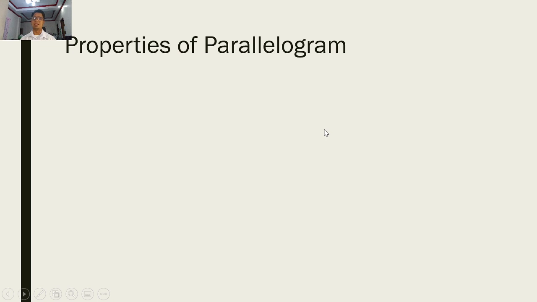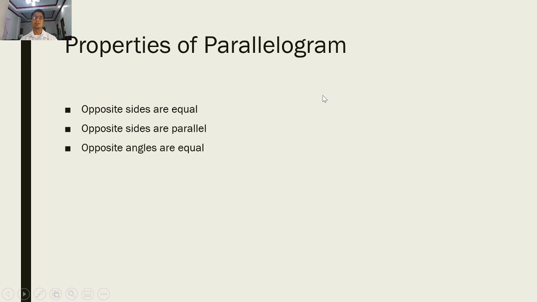We have here now basically 6. Number 1, opposite sides are equal. Number 2, opposite sides are parallel. Now, pakitandaan lang po natin, pag sinabi nating opposite sa math, ibig sabihin magkatapat. Number 3, opposite angles are equal.